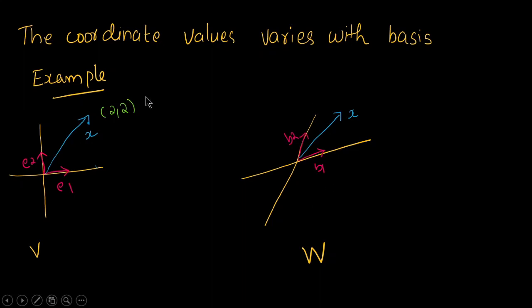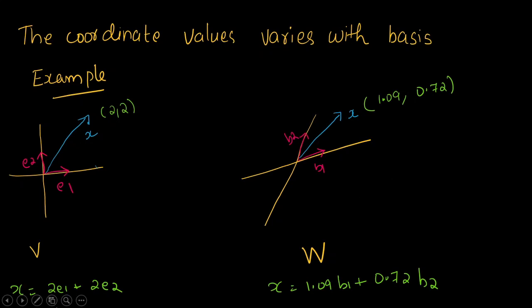Assume the coordinate values of x are (2, 2). Correspondingly, the coordinate values of x in the vector space W will be different, because the bases are different. Here the coordinate values are 1.09 and 0.72. So when the basis changes, the coordinate values also change.